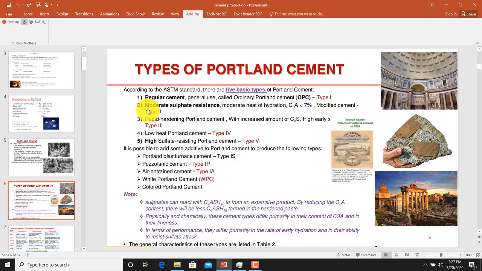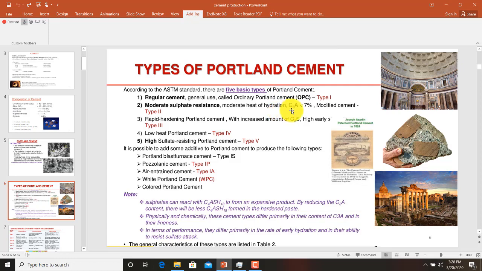Secondly, you have a moderate sulfate resistant cement. It would resist sulfate attack. It has a tricalcium aluminate phase less than 7%. Basically, the tricalcium aluminate causes the delayed ettringite formation by the action of external intrusion of some sulfate salts.